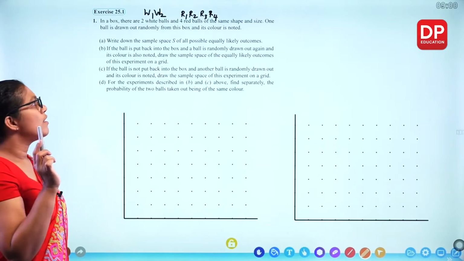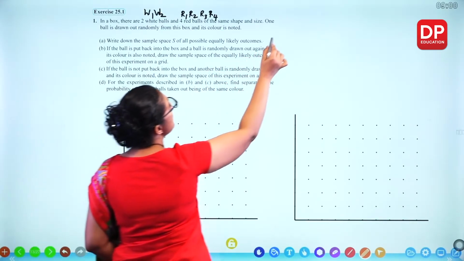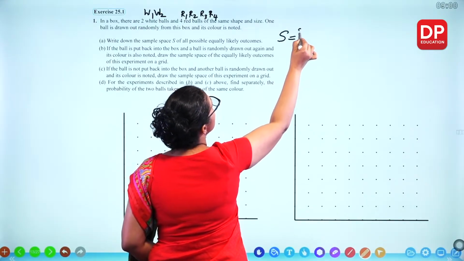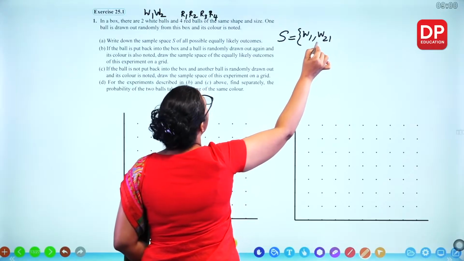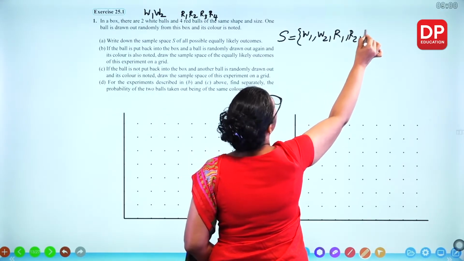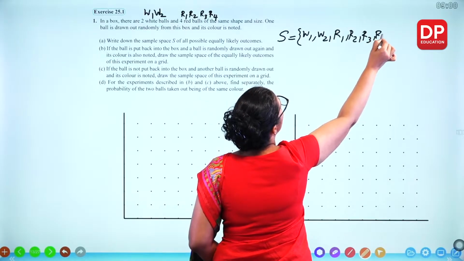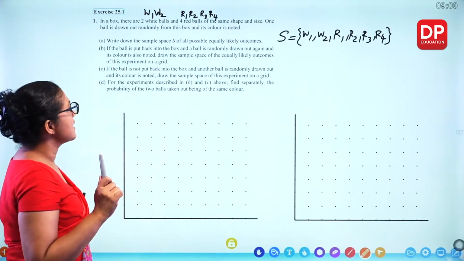Just one ball is taken. So what's the sample space? You can get W1, W2, R1, R2, R3 or R4. Just one ball is selected.